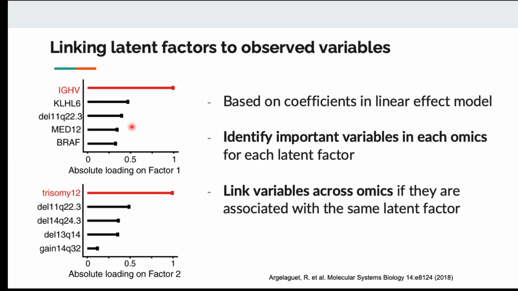And in this study, they found IGHV mutation and trisomy on chromosome 12 to be related to factor 1 and factor 2 respectively. So this allows you to combine multiple omics data types and make association analysis about which metadata, which descriptor of your sample, is linked to each omics measurement.